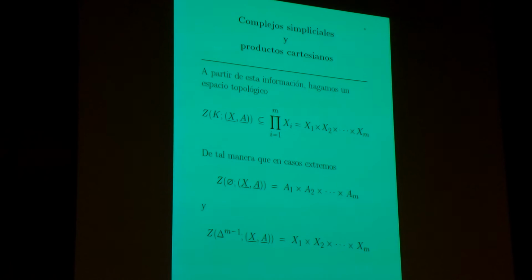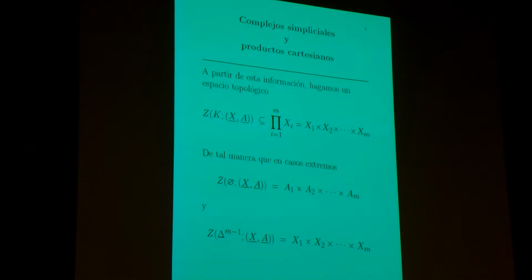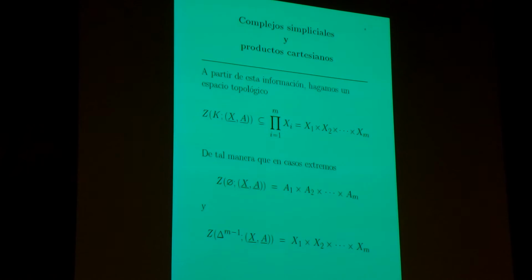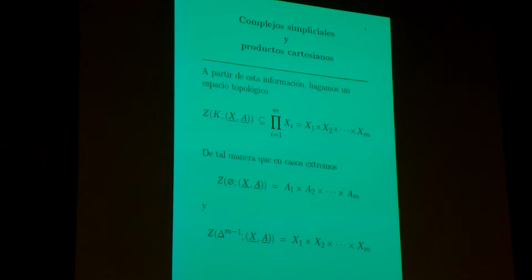And this geometric object lives inside the Cartesian product of X1, X2, up to Xn. And I will make this object in such a way that if the simplicial complex is the empty set, as small as possible, then this new space will be just the Cartesian product of the A's. This is the extreme.